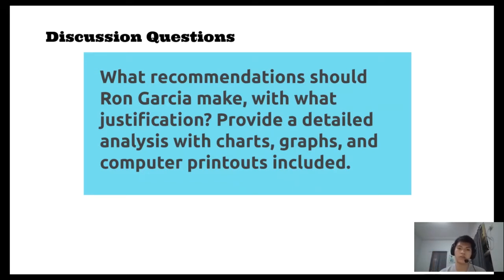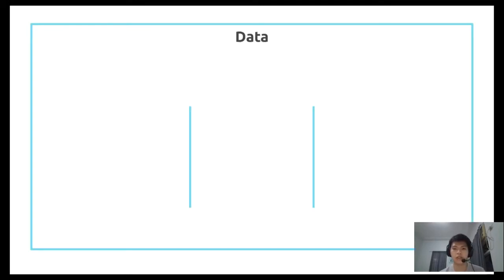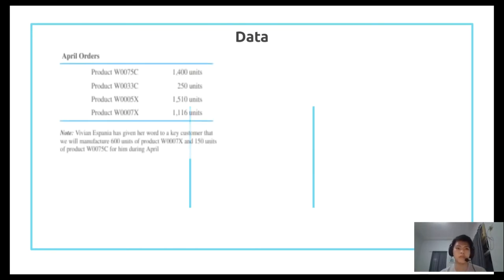Before we can make any recommendations, we first need to identify our data, or what we have. We have our April orders. We have 4 products, and a different number of units for each product.